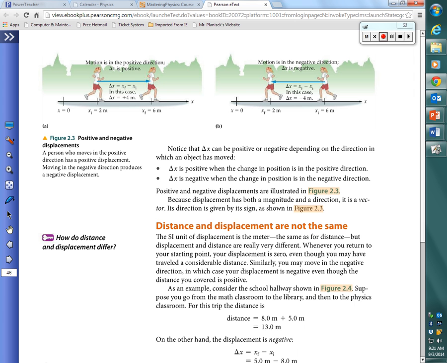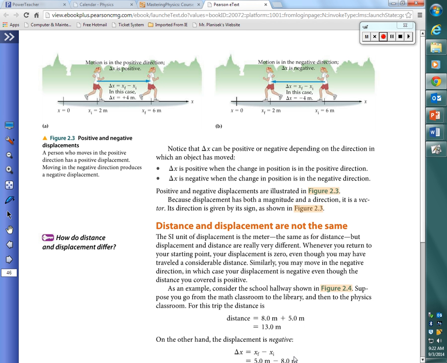If we use those numbers and plug it into the displacement equation, okay, final minus initial, 2 minus 6 gives us what? Negative 4. Okay? Meaning that she went in the negative direction. Now, she's still on the positive side of the origin, but she's traveling in the negative direction.